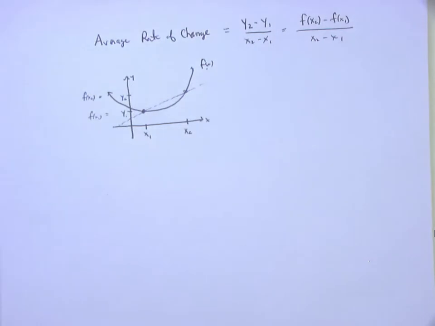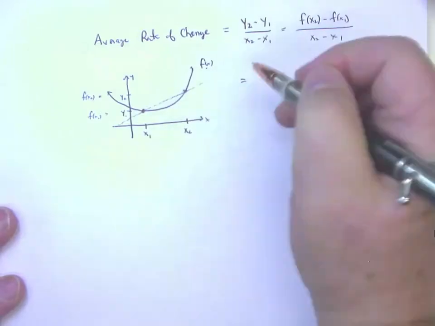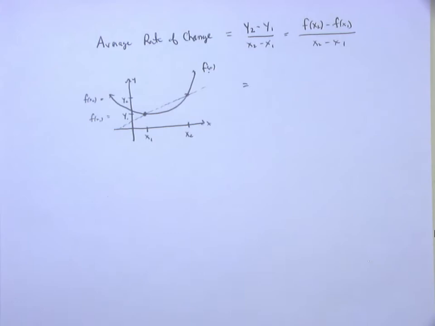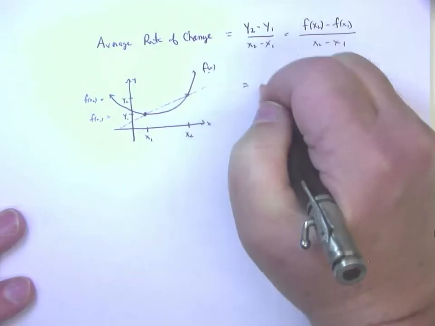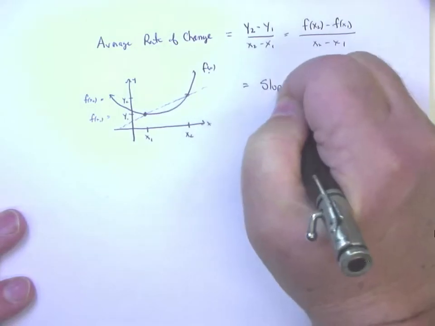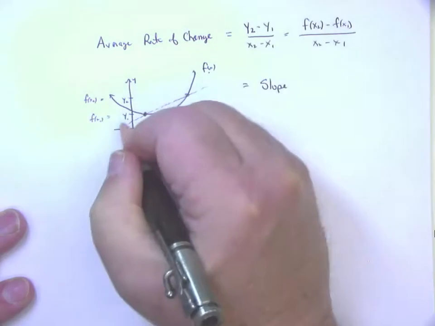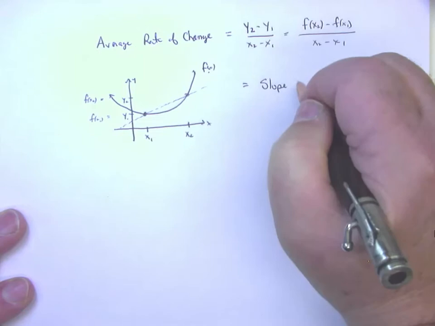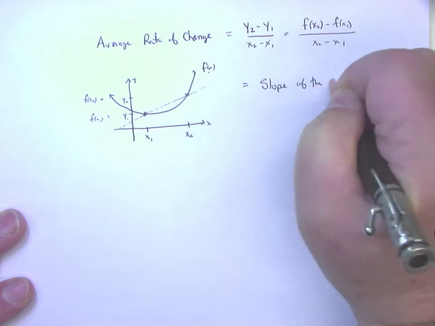Okay? Now, using words to not throw you guys off with this stuff, this average rate of change is also known as the slope, because it's the slope formula. But this line of a particular function, when we connect 2 points, has a special name. It's called the slope of the secant line.